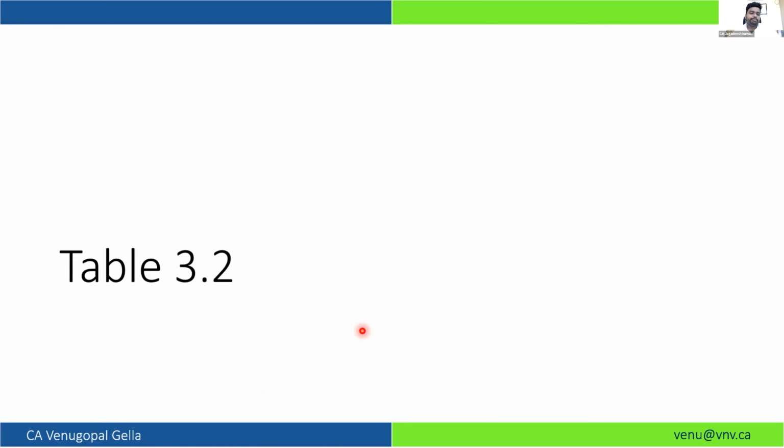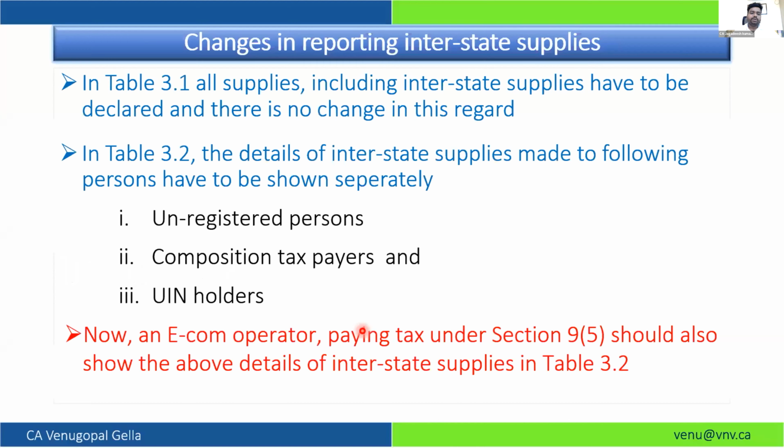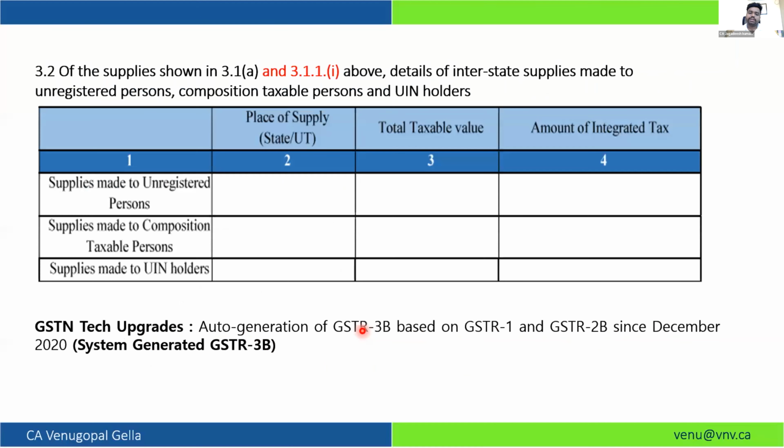Now coming to the next, table 3.2. This table was already there in the previous 3B also, but the circular raises the concern that most of the taxpayers are not filling this table at all or are furnishing it wrongly. All the interstate supplies made to unregistered persons, composition taxable persons, and UIN holders are required to be reported here.